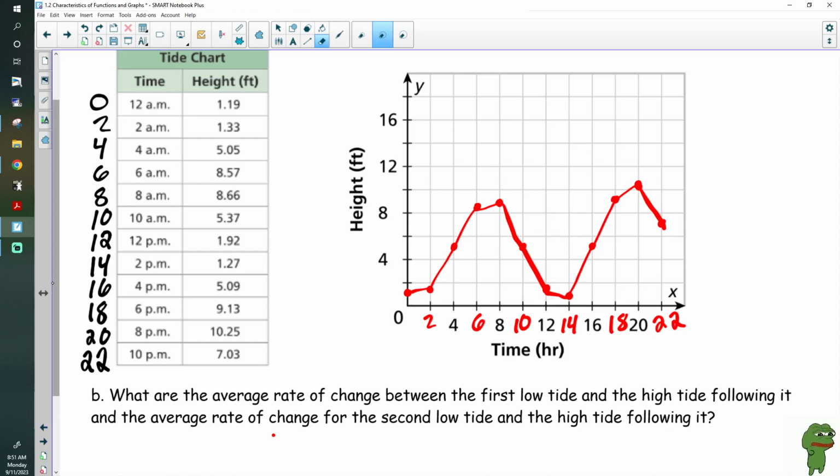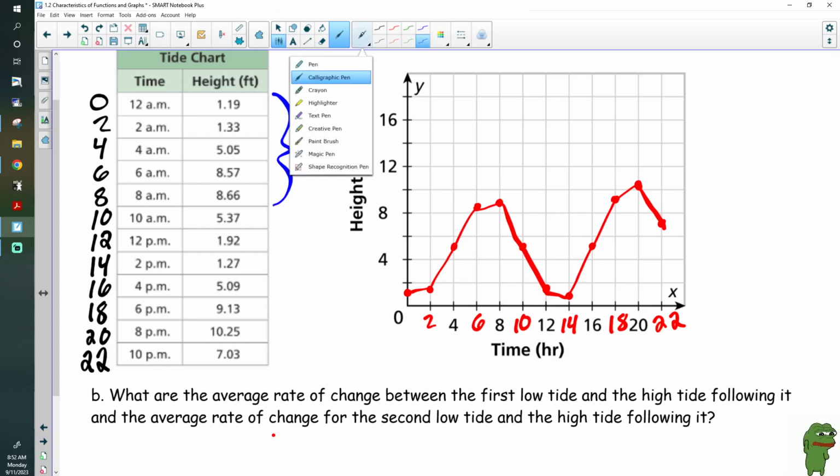So we're going to try to figure out, okay, so how much is the water rising on average? We're figuring out each hour, how much does the water start to go up? So we're going to do our change in our y values divided by the change in our x values. And we said we're going from 0 to 8.